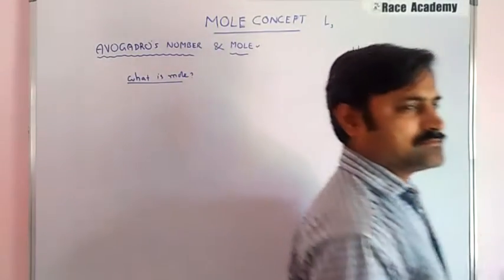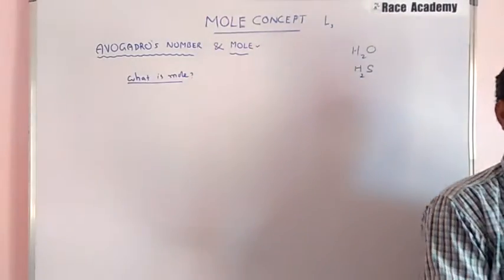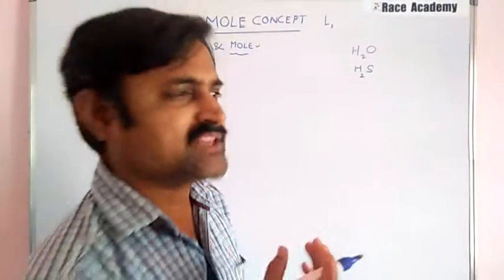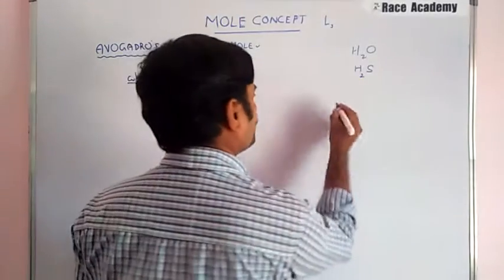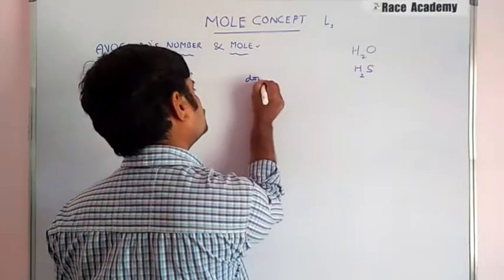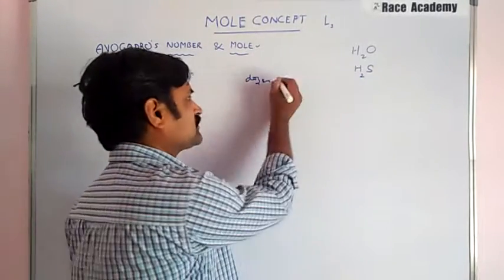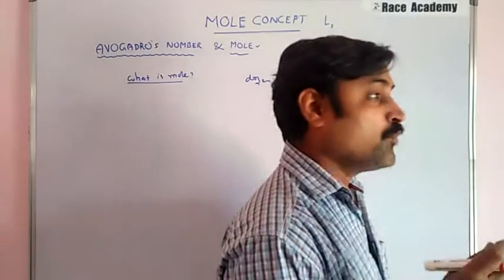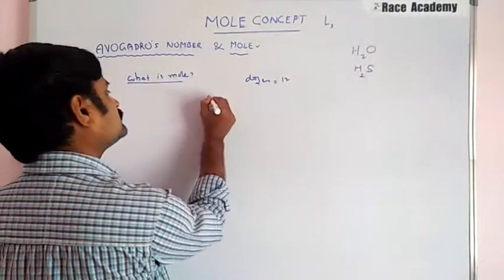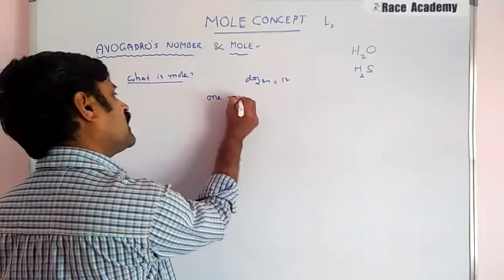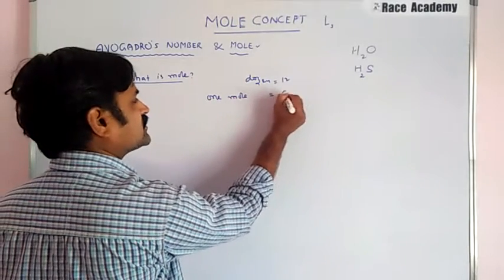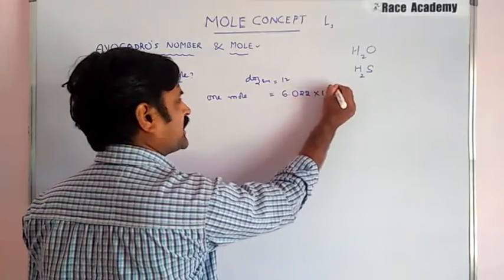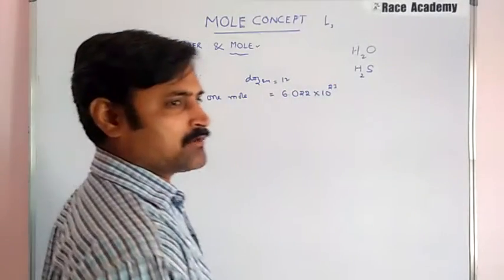Actually, to begin with, consider it just as a number, as 1 dozen means 12. 1 dozen means how much? 1 dozen means 12. It's a number. 1 mole means 6.022 into 10 to the power of 23.